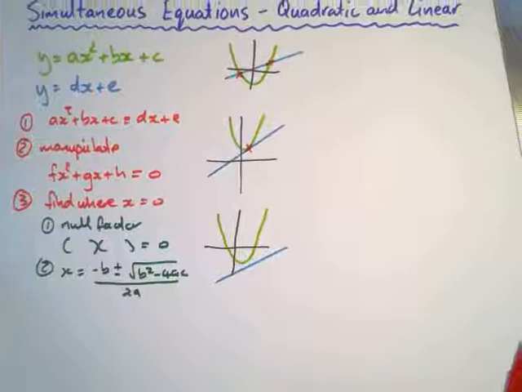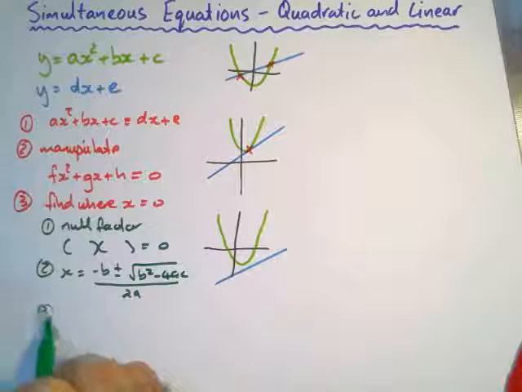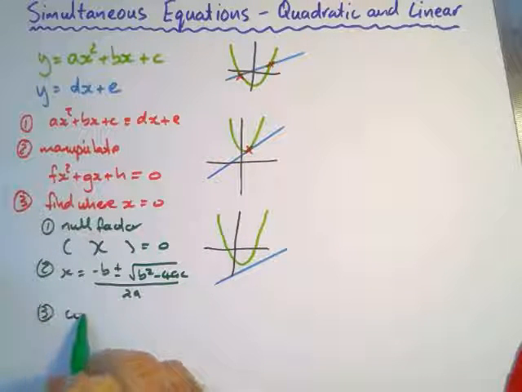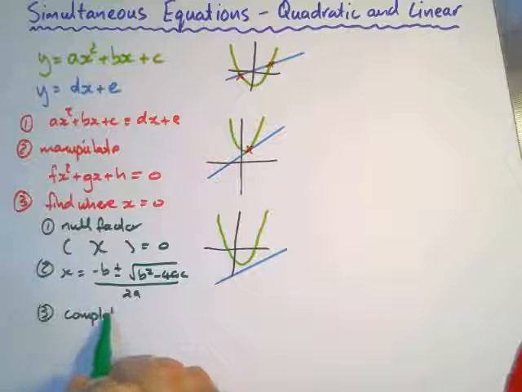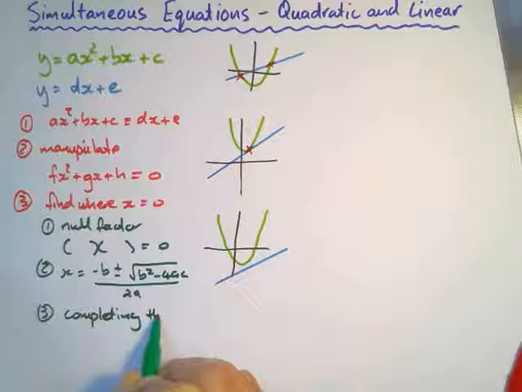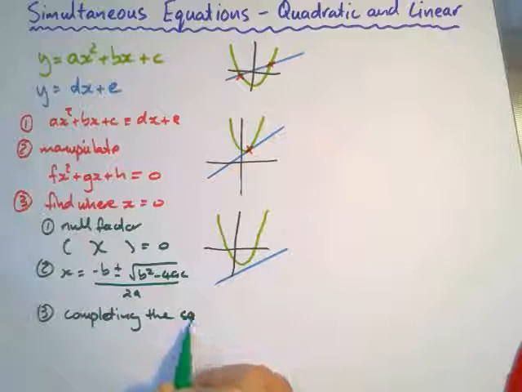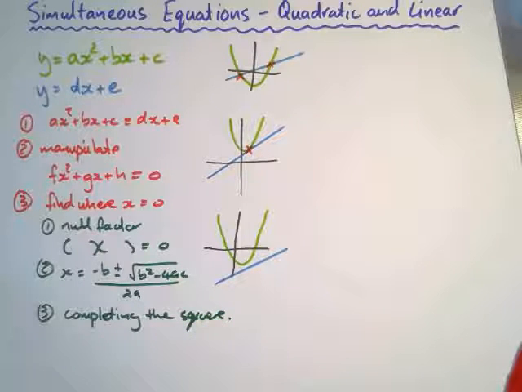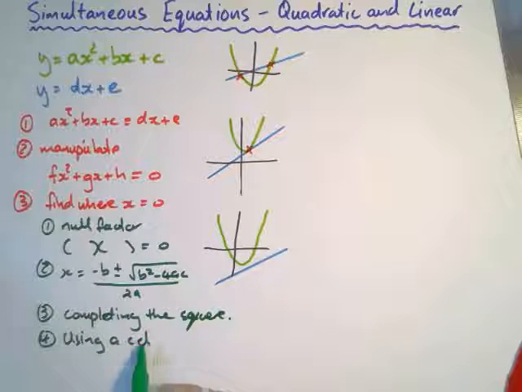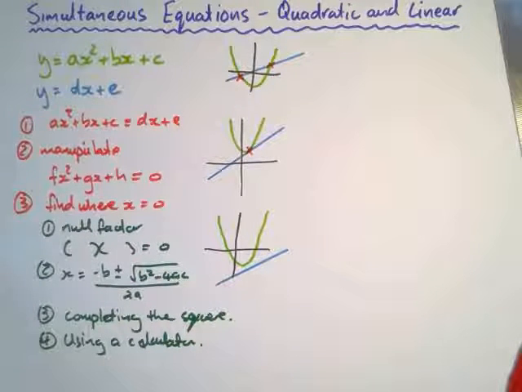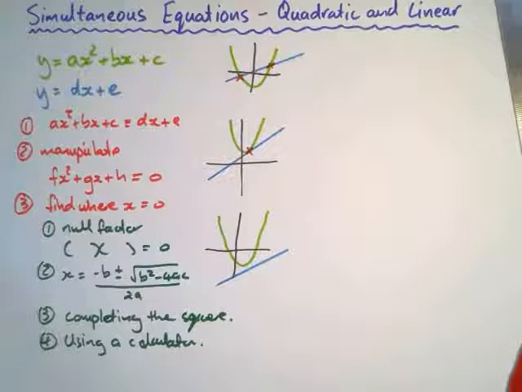I was quite surprised in my maths class the other day when people preferred to do completing the square. That's the third option. Or the fourth option is using a calculator. I might quickly show you what this is.